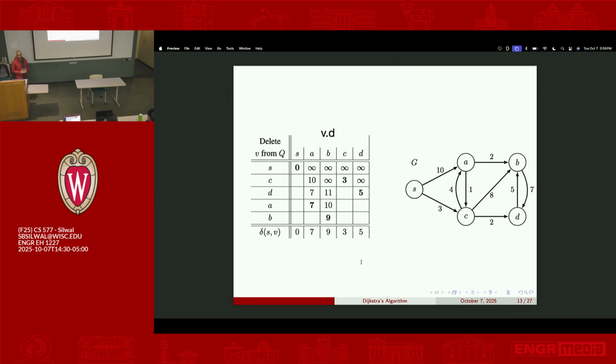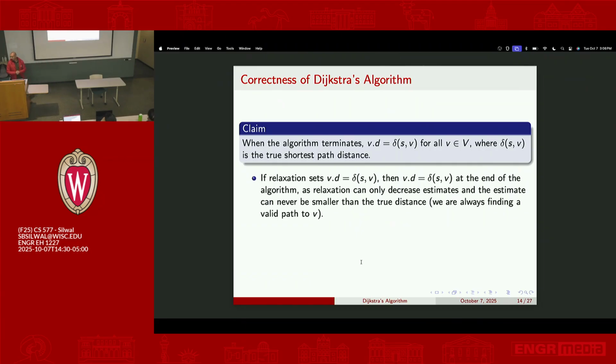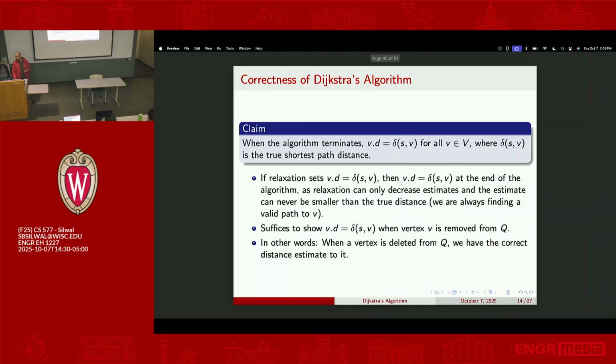Okay, so now let's show why Dijkstra's algorithm works. What we need to show is that when the algorithm is done, we found the right values. That's the main thing. Otherwise, why are we doing this? Essentially, all these words are saying is what we're going to show instead is the following.